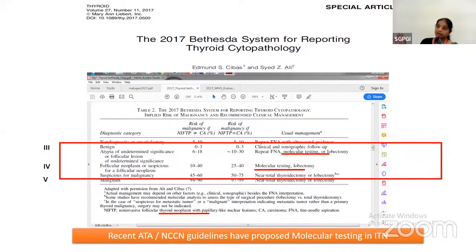But just yesterday, while the session was going on, I had signed out one report as category 5. The patient turned out to be a VIP or whatever. And the surgeon calls me and says, Dr. Radhika, can you please review this slide? You have called it category 5, and I can't operate if it's category 5. I said, look, the Bethesda says you can operate, and I have my limitations.